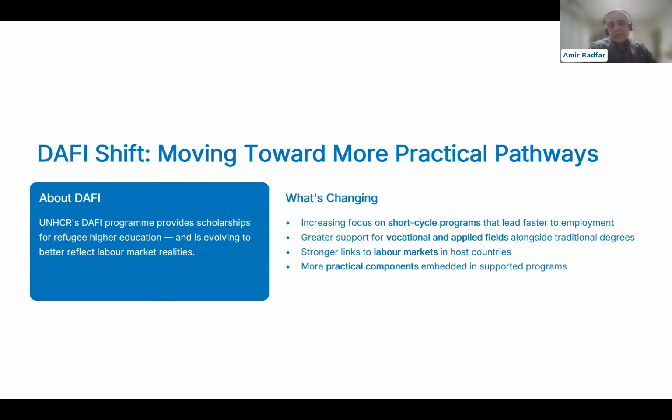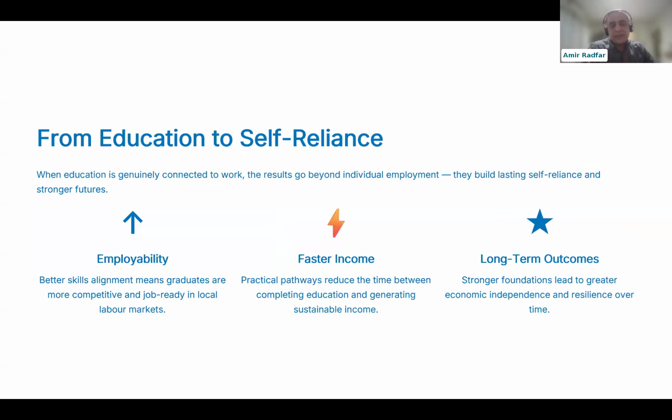On behalf of UNHCR's education section, specifically the tertiary team, I wanted to highlight for today's webinar that we believe in going from education to self-reliance, where refugees have the opportunities to create quick income and be part of society, to work, and to support other people.